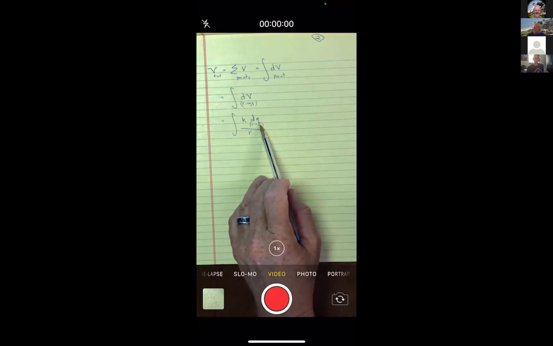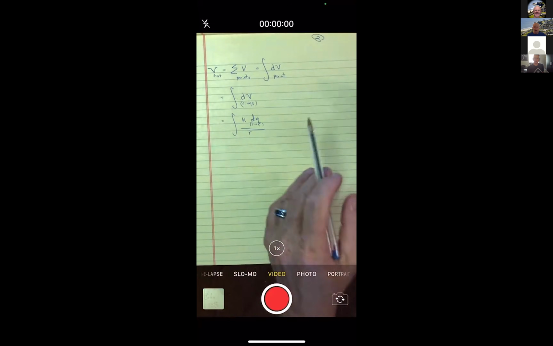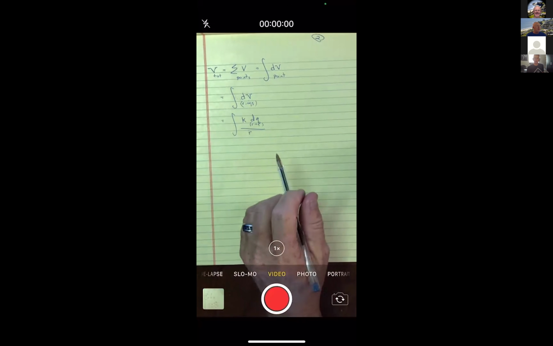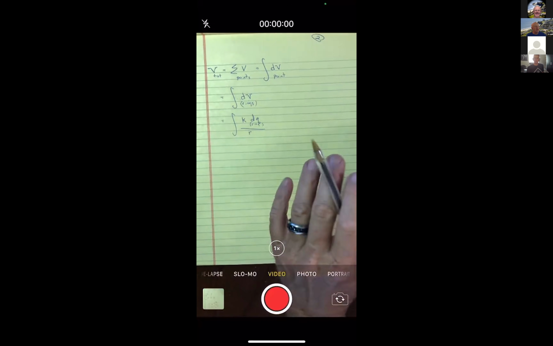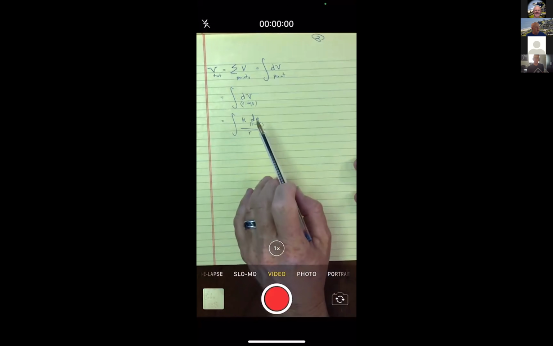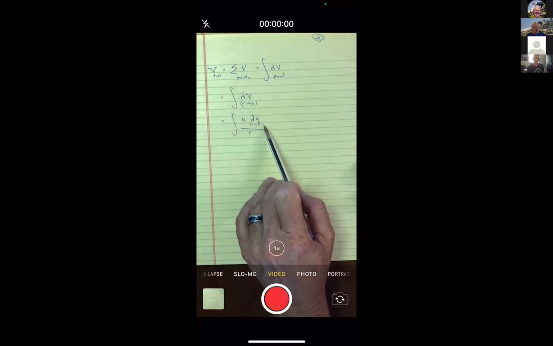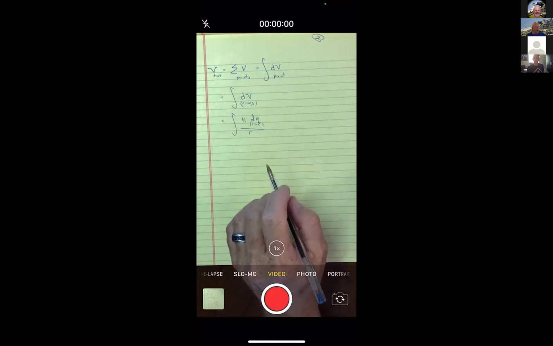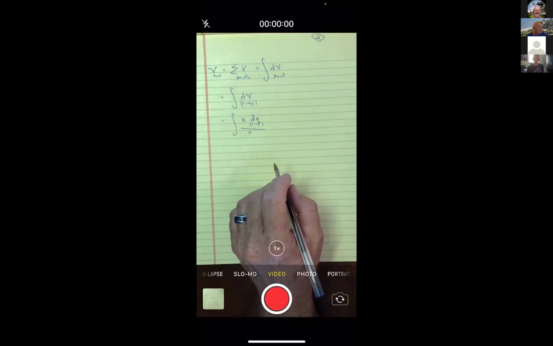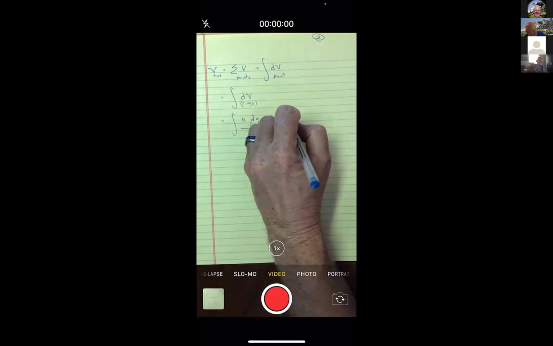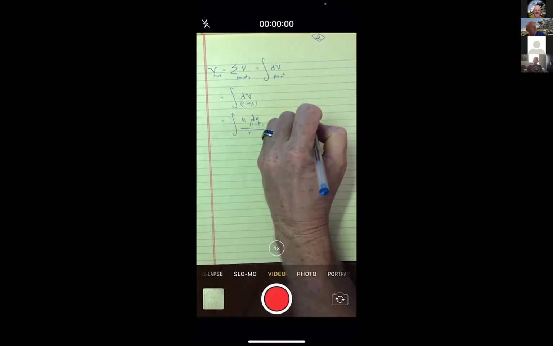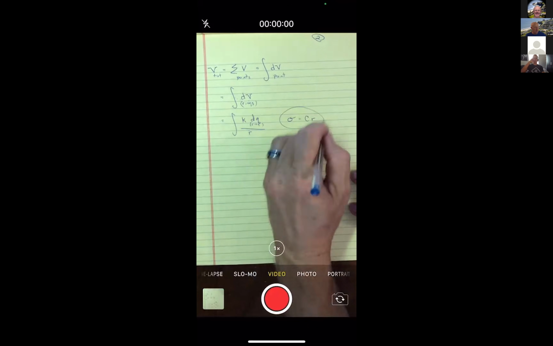But what is different in example 6 and the problem we're trying to do, number 63, is that the charge is evenly distributed in example 6, whereas we're told that the surface charge density of this thing changes with R.